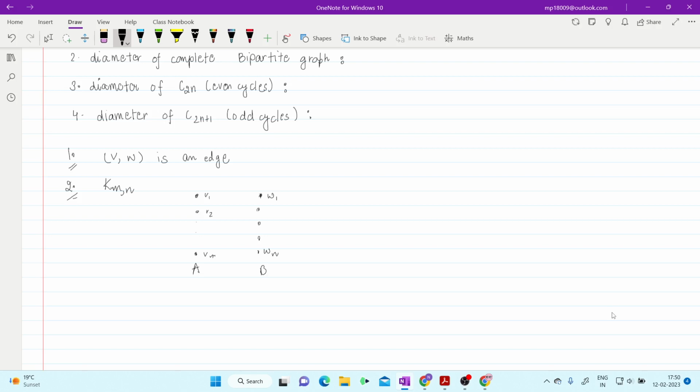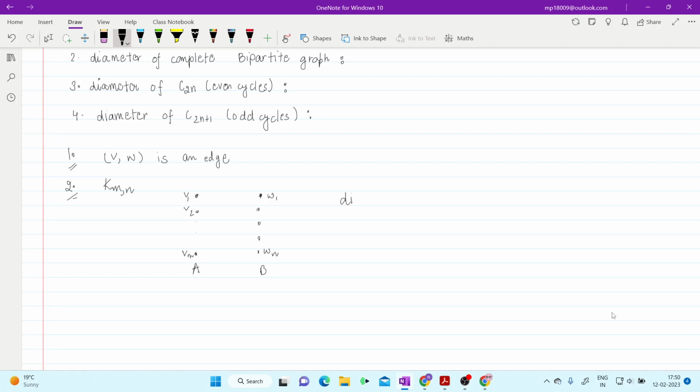Can anybody tell what the diameter of a complete bipartite graph will be? 2. It is 1 if m is equal to n, and 2 if m is not equal to n. Yes, very good.